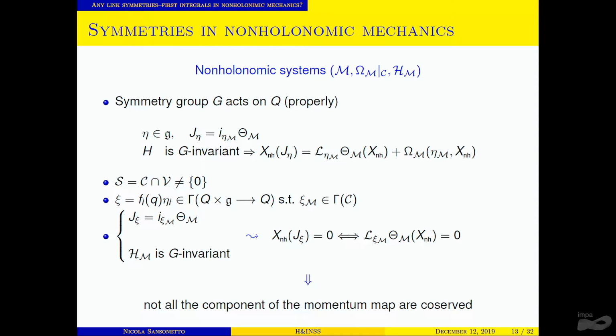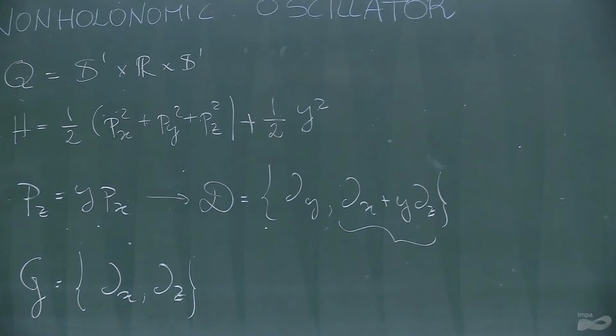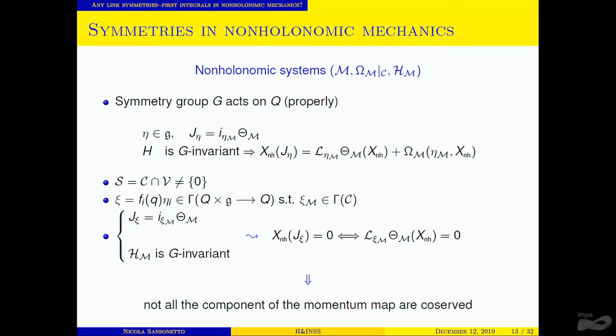On the other hand, we can try to mimic what we did here. We consider the intersection between D and this space and play a little bit. So we consider this intersection. Then we consider sections of this bundle that are combinations of elements of the Lie algebra with functions depending on the configurations.